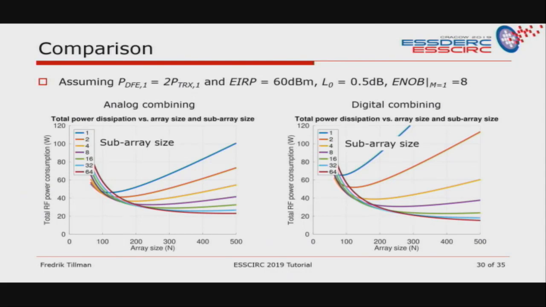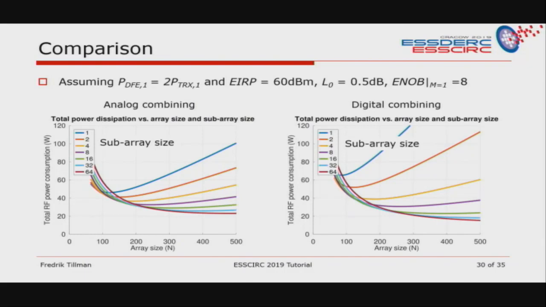The starting point is that it consumes more power. I've estimated that it consumes maybe twice the power. That can be debated, of course, but if you look into real systems today, this is not too far away from the reality. So if we have a factor of 2 there, you see that it becomes very disadvantageous when you have a lot of these digital front ends, meaning that you don't do any combination at all.